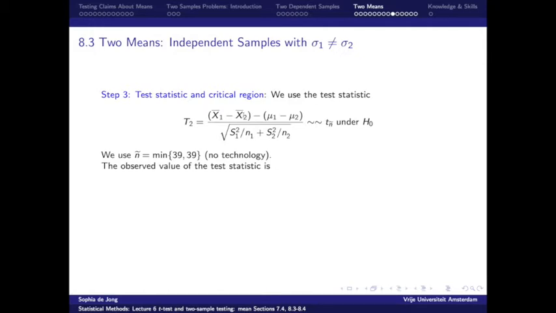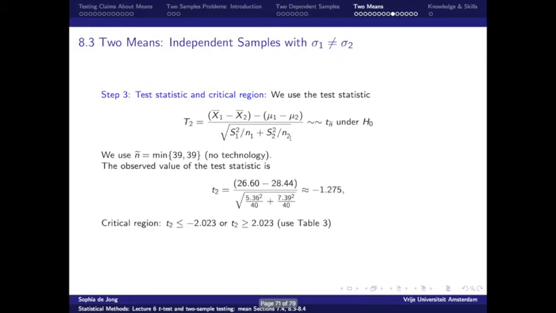We can compute this value by the data that we have, and under the null hypothesis, mu1 minus mu2 is equal to 0, and we can also compute the square root of the square of the sample standard deviation of the first sample divided by the size of the first sample plus the square of the sample standard deviation of the second sample divided by the size of the second sample. Then we see that this observed value of our test statistic is approximately equal to negative 1.275.